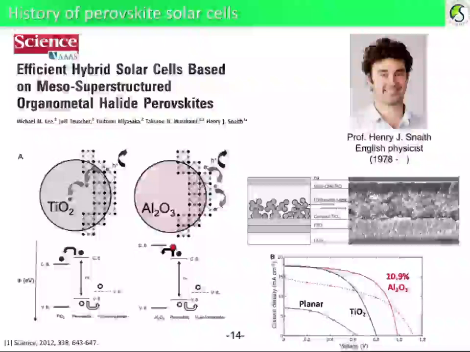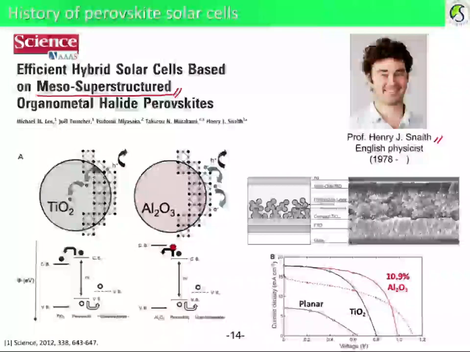And shortly after his paper was published, a similar study was published by the English scientist Professor Henry Snaith. The paper was published in Science, which reported solid-state perovskite solar cells based on the meso-superstructured structure.